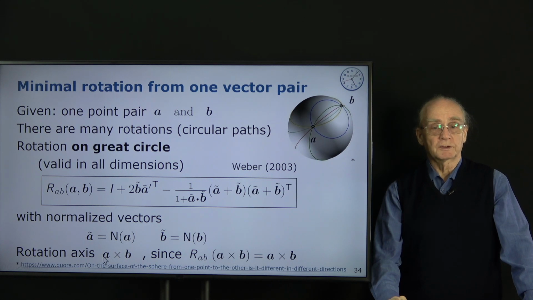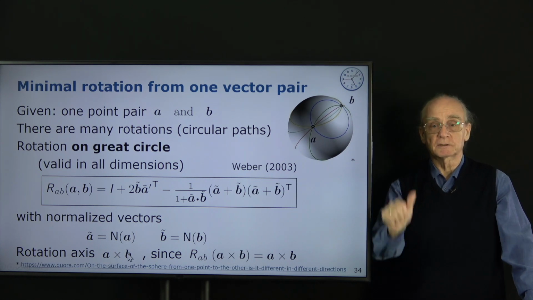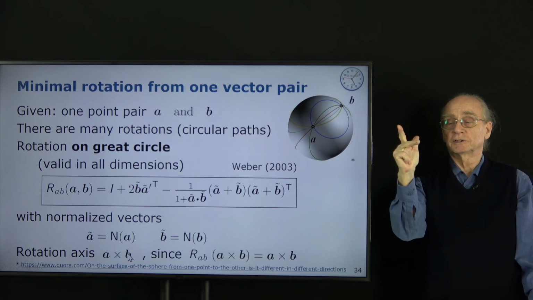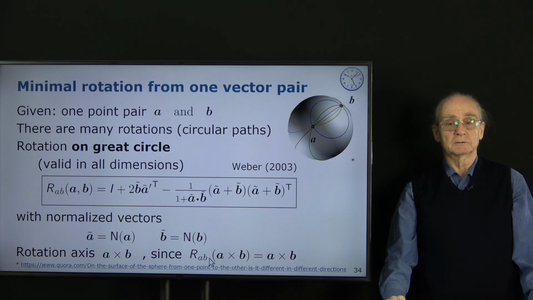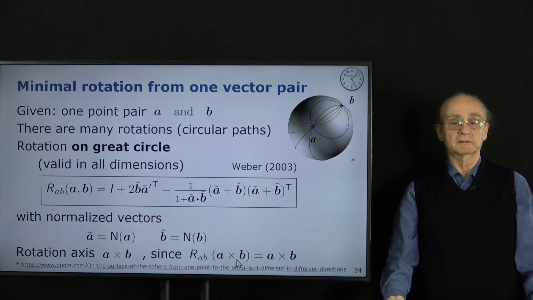You can show that if you take the rotation axis, which is A cross B, and you apply the rotation to that axis, it's actually invariant. So you can prove this by explicit multiplication. Okay.